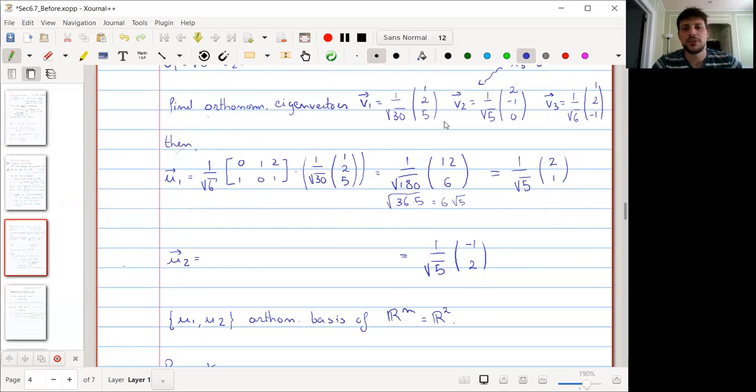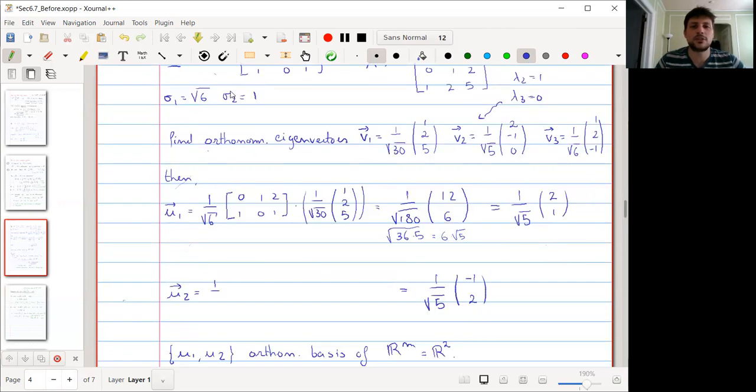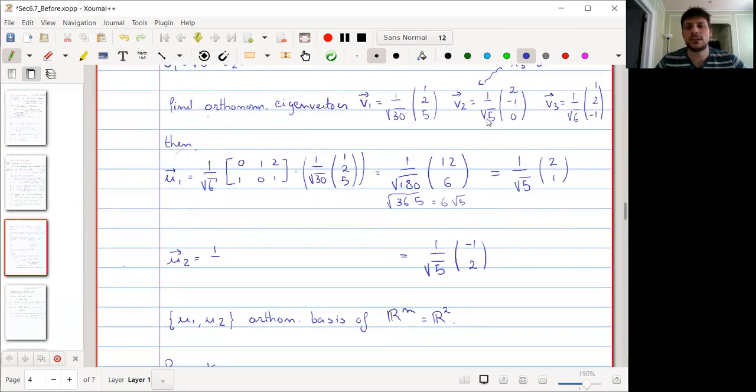Okay, let's compute u2. It's a similar thing. This time we have to divide by the singular value. The singular value is 1, but I'll divide immediately by the coefficient that is in front of v2 as well. So I get square root of 5 times A, 0, 1, 2, 1, 0, 1, multiplied by the vector v2, which is 2, minus 1, 0.